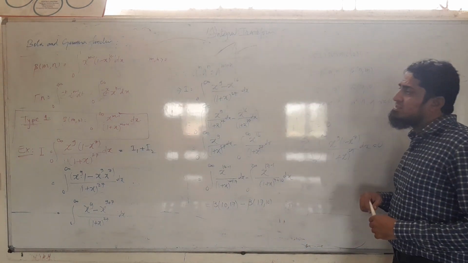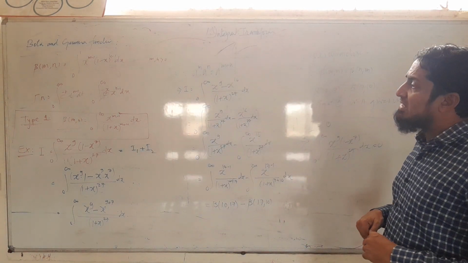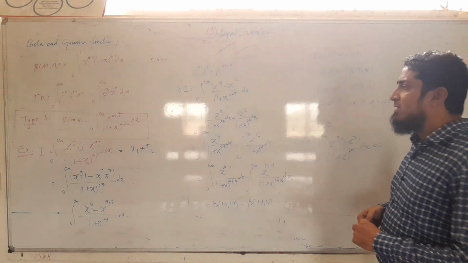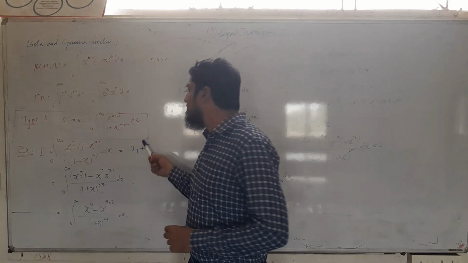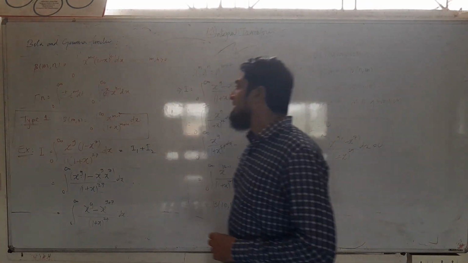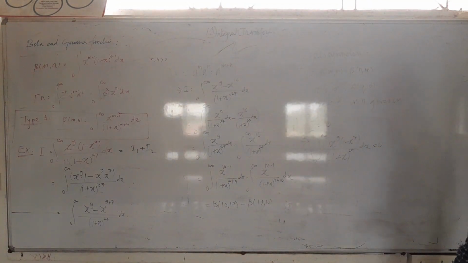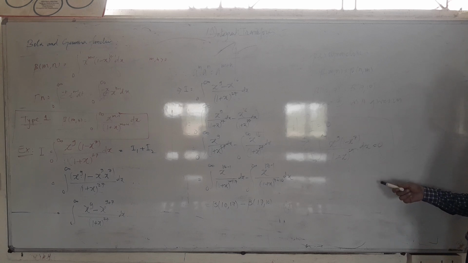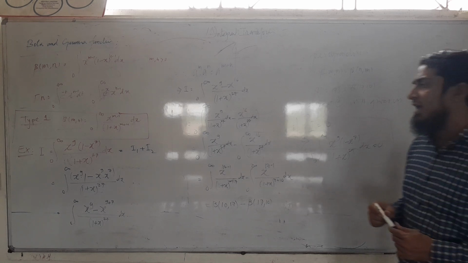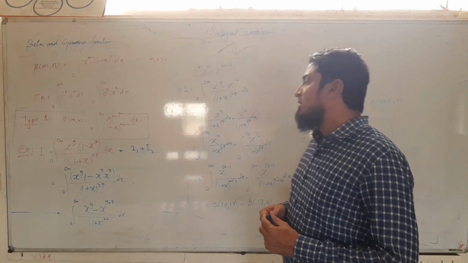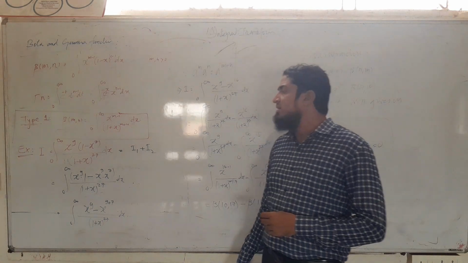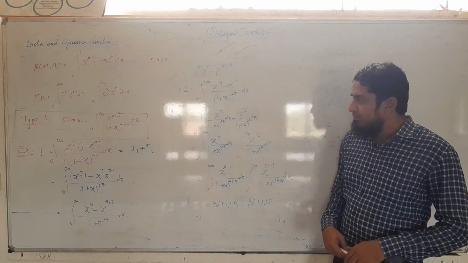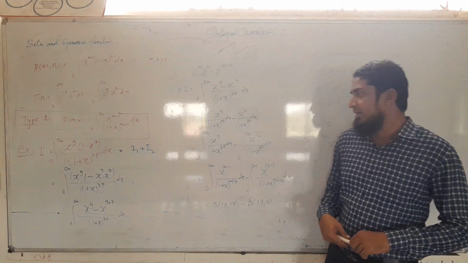By using this form or transformation of the beta function, we are solving the same form of example in this type, and we have the result as 0 for integration 0 to infinity x raised to 9 into (1 minus x raised to 7) upon (1 plus x) raised to 27 dx.